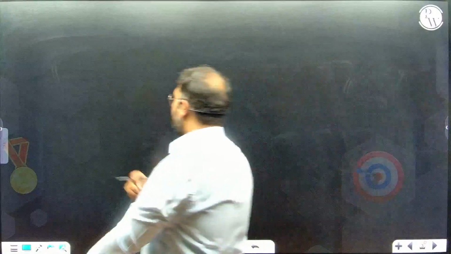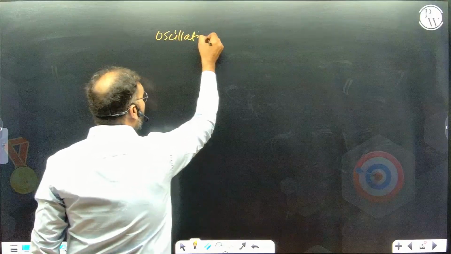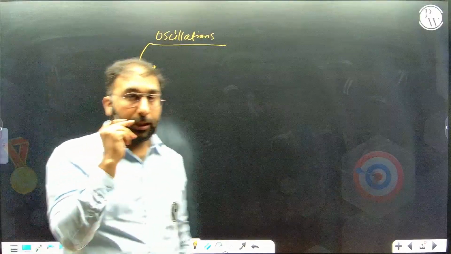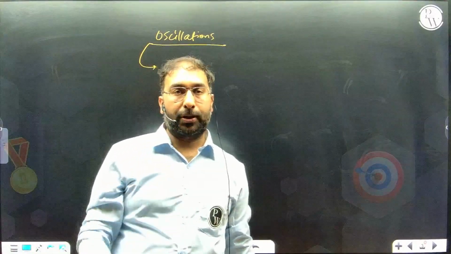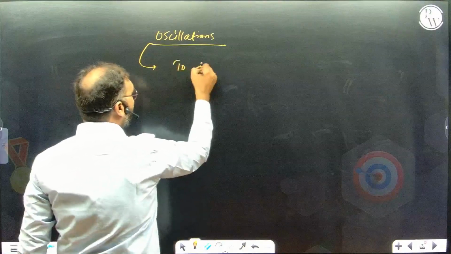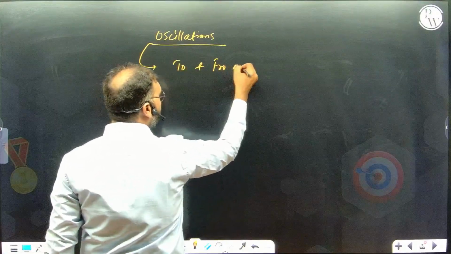So just see here. In oscillation, what is important is that the particle is going to perform to and fro motion about a fixed position, okay?